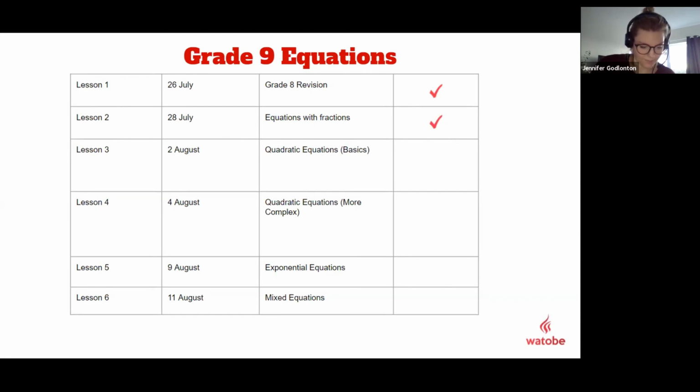And we are on lesson number 2 now, which is the 28th of July. We're doing equations with fractions, and I always like the tick there. It feels like a sense of achievement. So we'll tick again on the 2nd of August, which I think is next week, Monday. And we'll be doing quadratic equations.